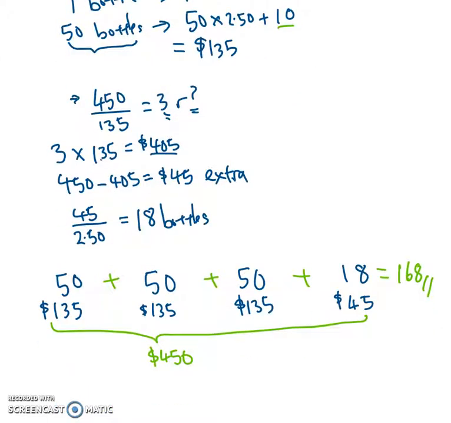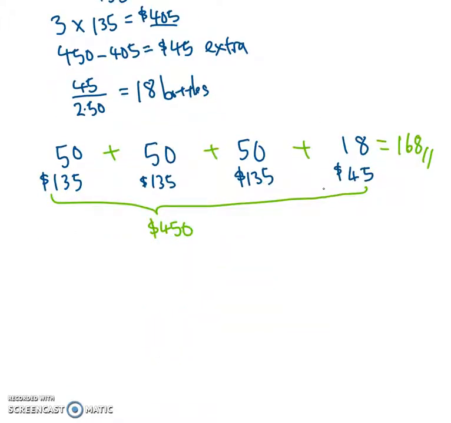So I take 3 times 135, I get 405, and the leftover I still need is $45, which will be given by the $2.50 per bottle. So 45 divided by 2.50, I need 18 more bottles. So in terms of the overall picture, you have 50 bottles, 50 bottles, 50 bottles, that's 135 each. And then I need another 18 bottles at 45 to hit 450. And to do that, I need to sell 168 bottles.